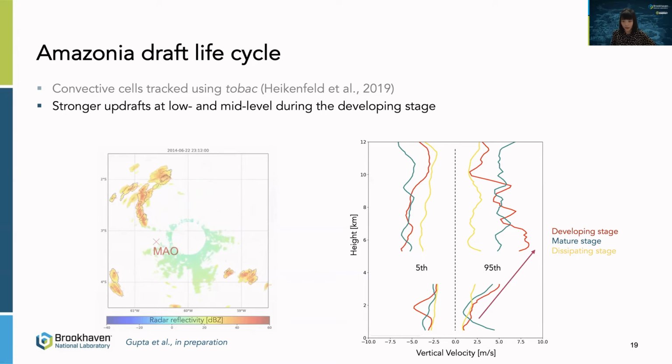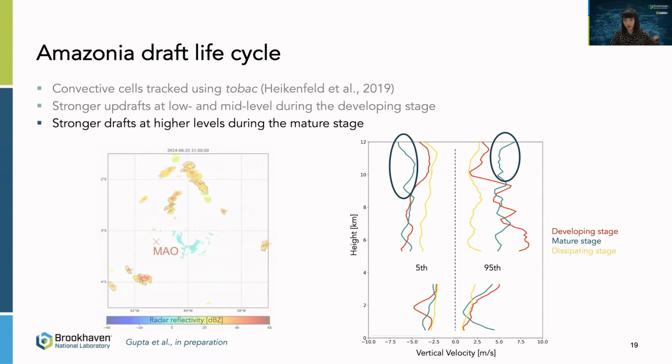During the developing stage, you tend to have stronger updrafts at lower and middle levels. These updrafts will accelerate the vertical extension of the core during this stage. And during the mature phase, you have stronger updrafts and downdrafts at higher levels because this is the strongest phase. But during the decaying phase, everything gets weaker overall.